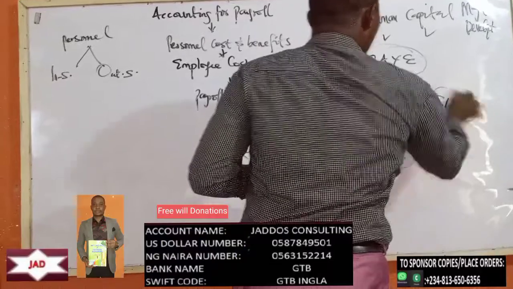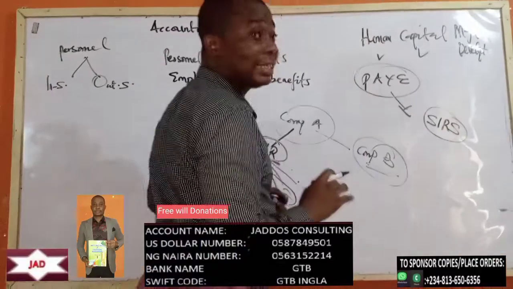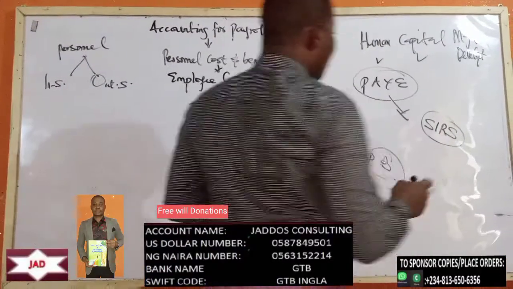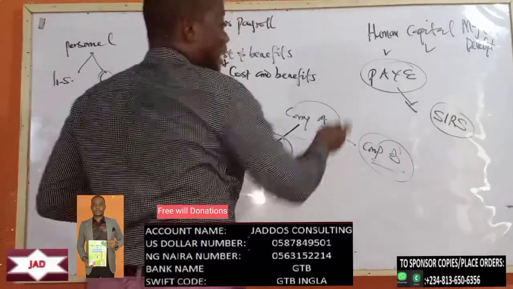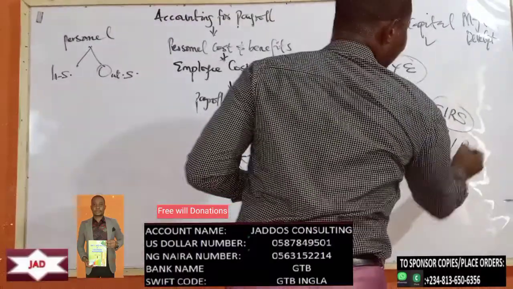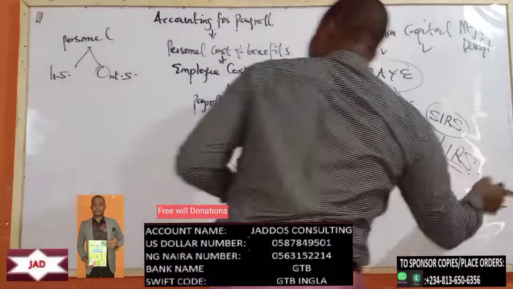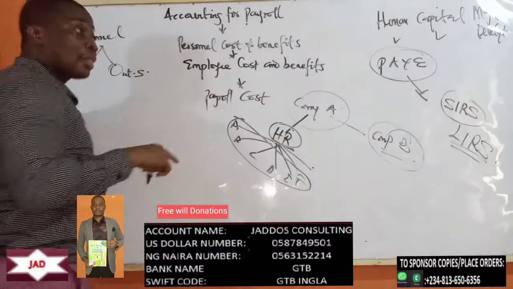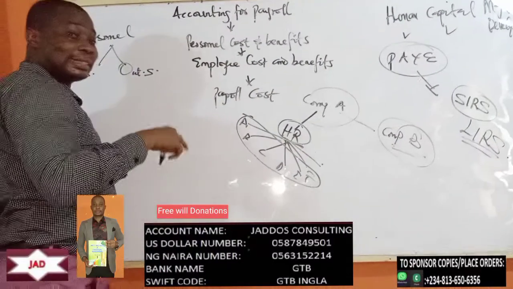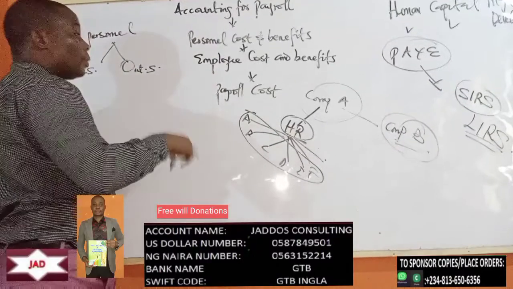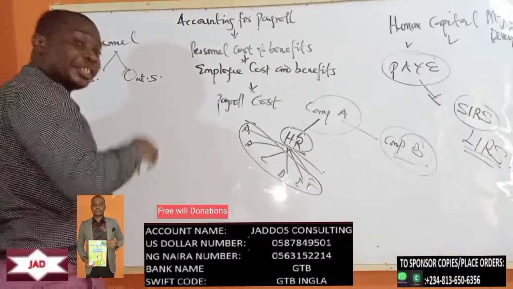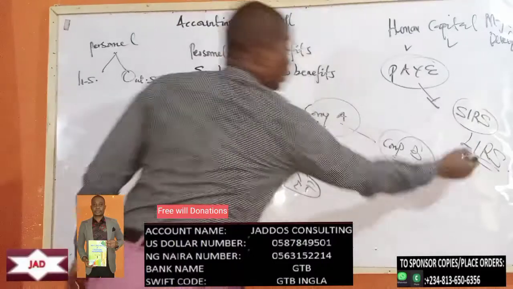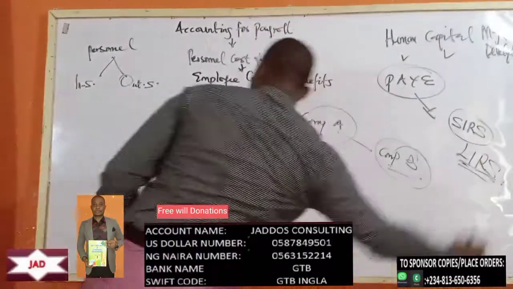So if your employees reside in Lagos, for instance, you expect them to pay their taxes to Lagos State Internal Revenue Service. So what I'm saying is that your employees are taxed, okay, and then the tax is deducted from their salaries or wages, and then remitted to Lagos State Internal Revenue Service.